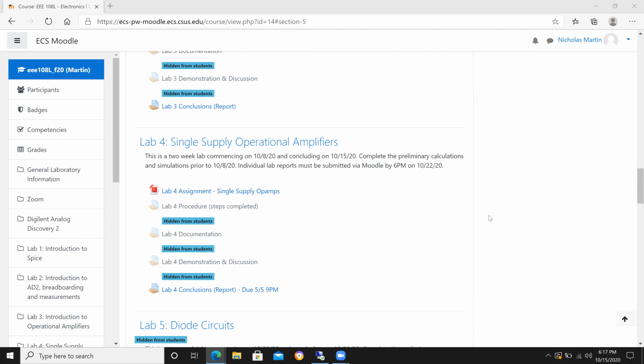I'll give you guys a little bit of a break. Like I said before, I'd prefer that you get them in by Sunday at the latest. And the reason I'm asking that is, here's the deal. I want to get them graded as you go through each step of the lab.